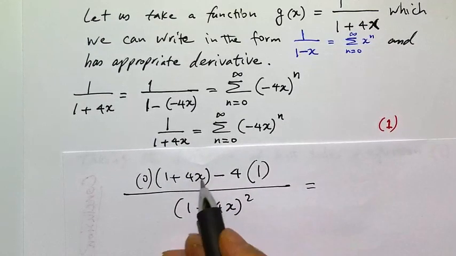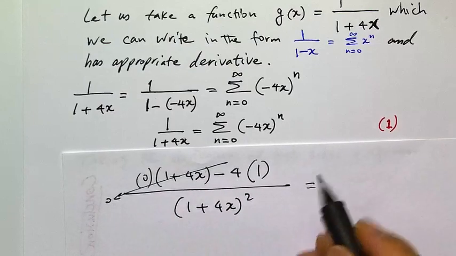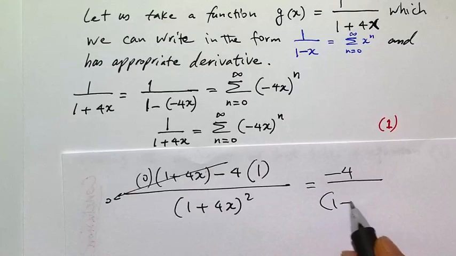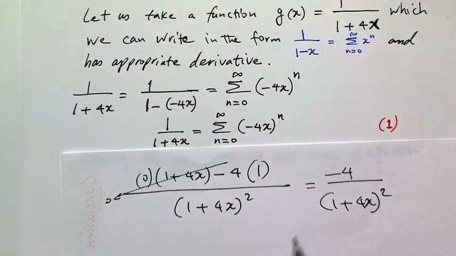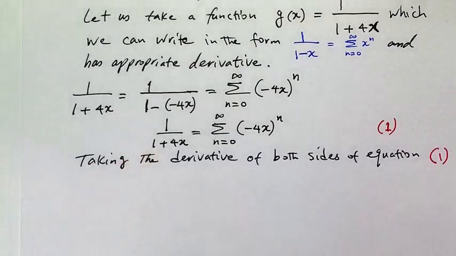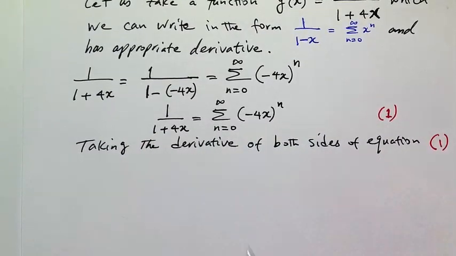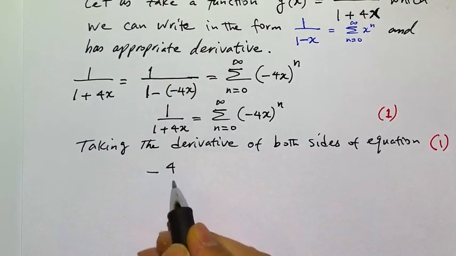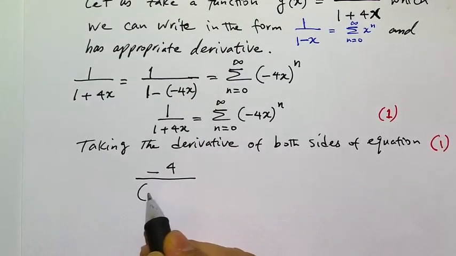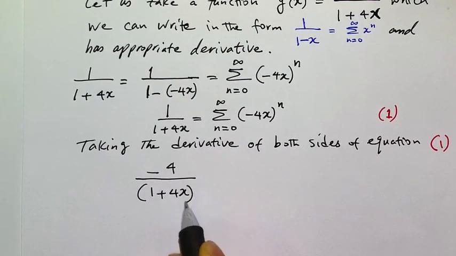All of that drops out as 0, so we end up with minus 4 over 1 plus 4x squared. Okay, so let's put that on the left side for the derivative of this term. So we have minus 4, the derivative of that, divided by 1 plus 4x squared.